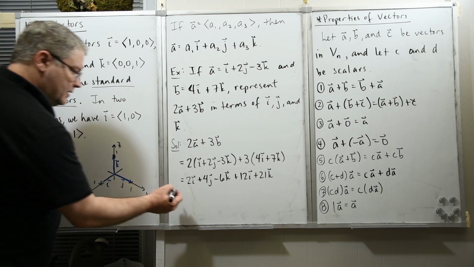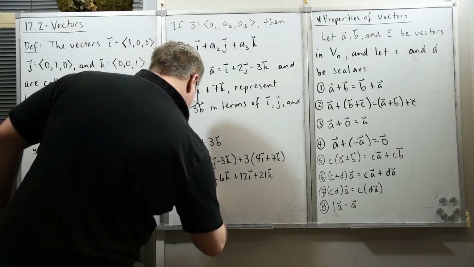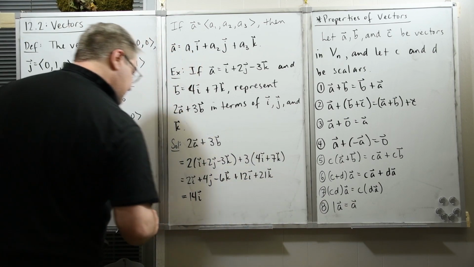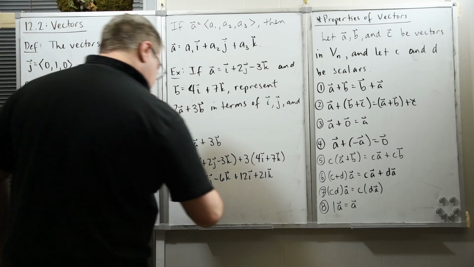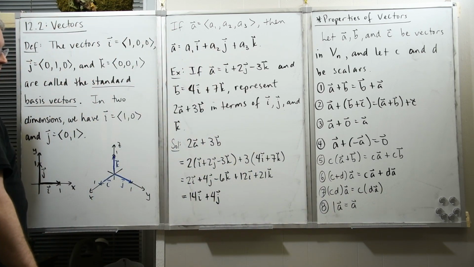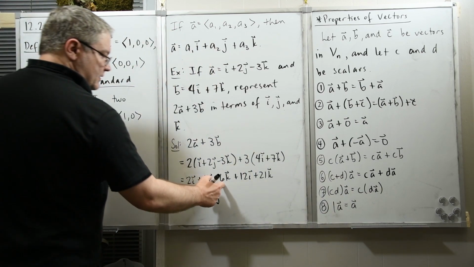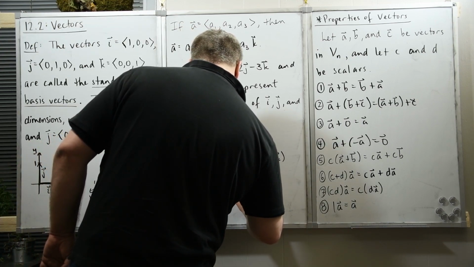Now, if you take a look, you've got a 2i plus 12i gives you a 14i. You have a 4j, but no other j vectors, so the plus 4j. And then finally, we have a negative 6k and a 21k, and that gives us a 15k.